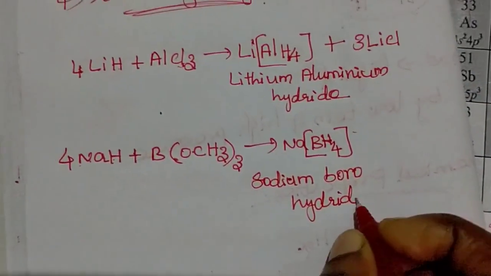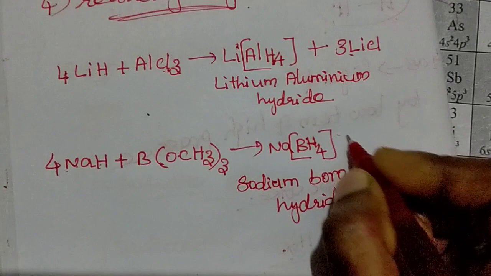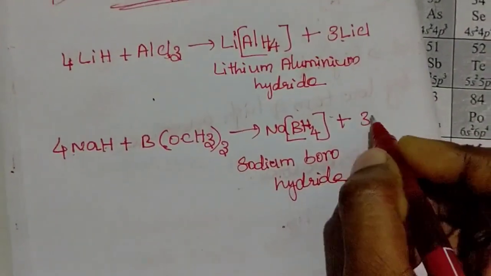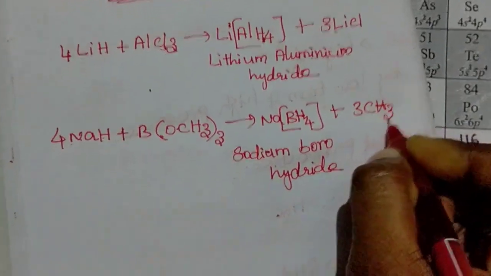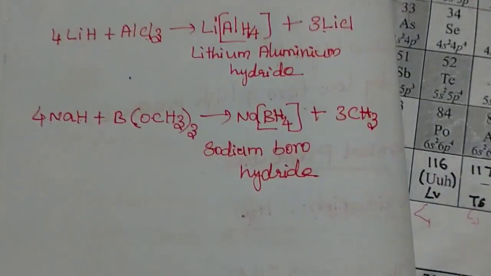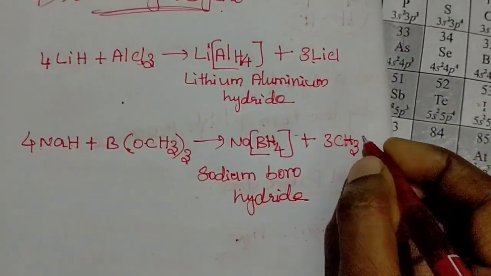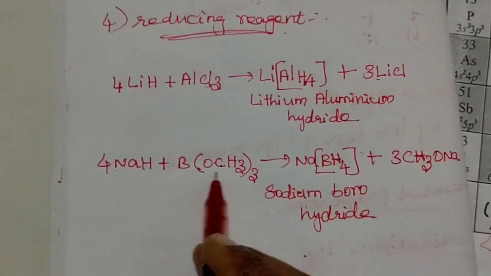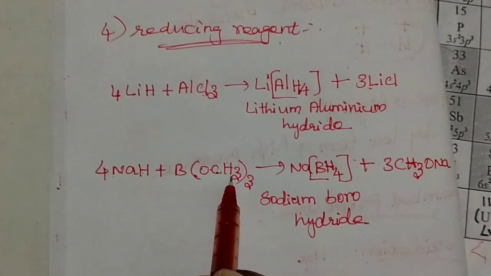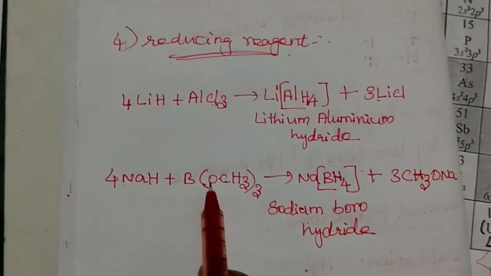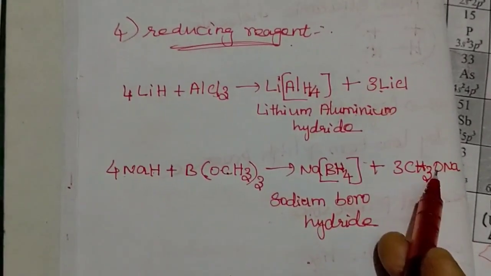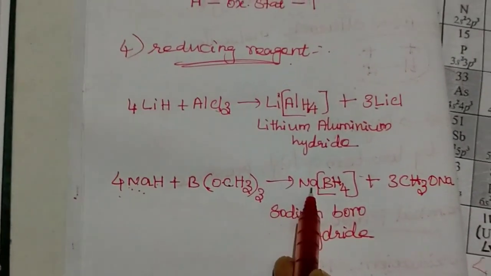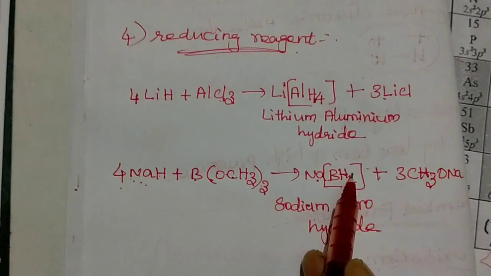The byproduct is 3CH3ONa. CH3 3 times, O 3 times, Na remaining 3, because 1 sodium is combined with 1 boron and 4 hydrogen.